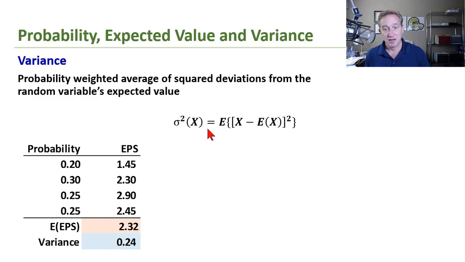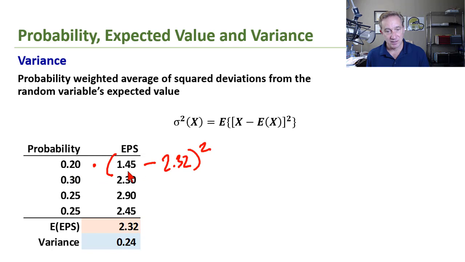Expected here, you could see it's an expectation of the squared deviation. So here I have the outcome of $1.45, but now I would subtract the expected value of x, that's 232. So that's my deviation in the parentheses, and then I'm squaring that and multiplying it by its probability.